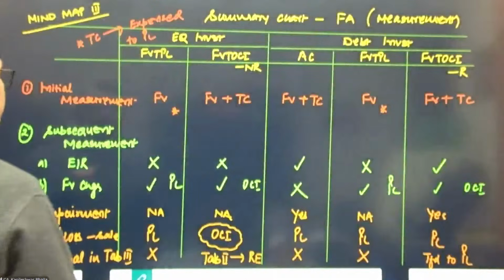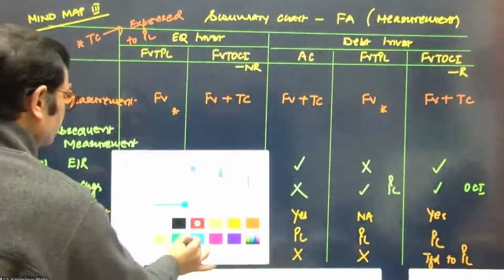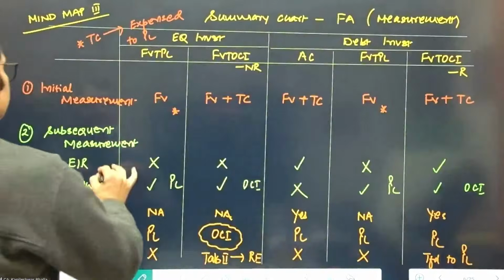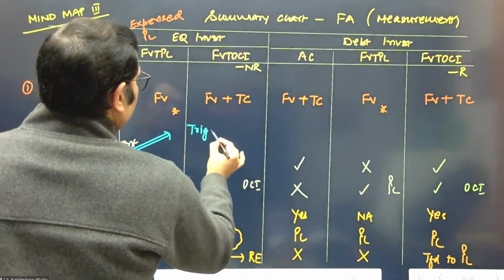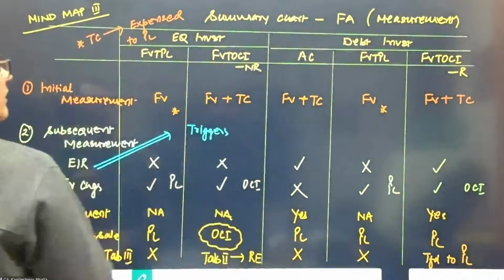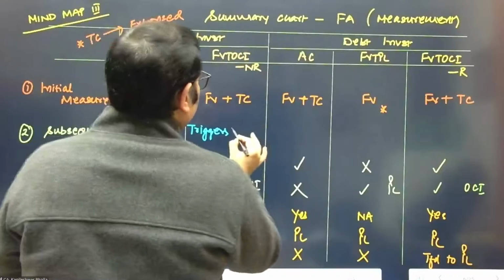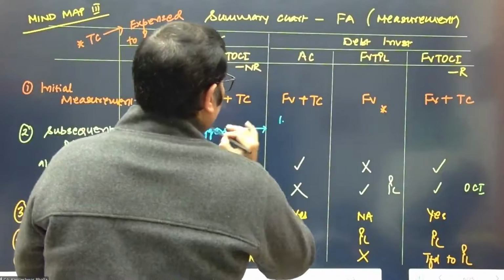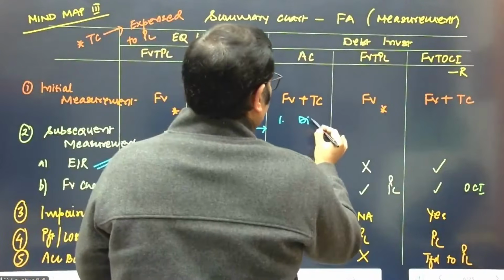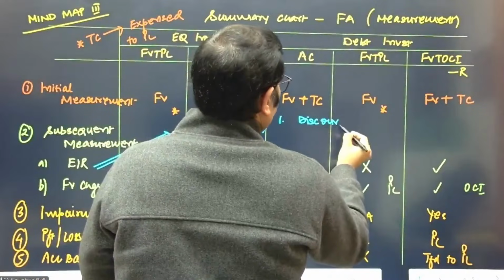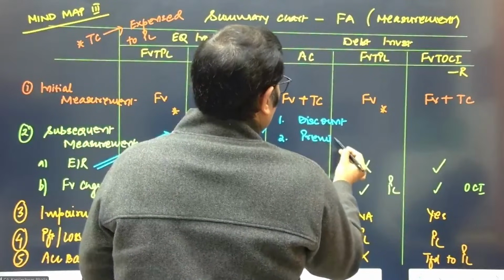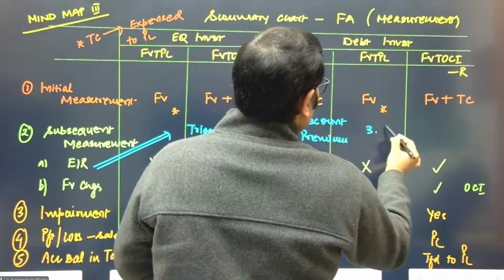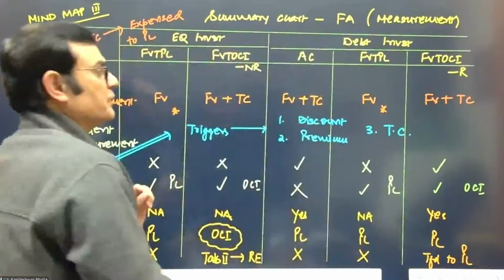So in terms of the EIR, let me just add on that the concept of EIR triggers under 3 circumstances. Number 1, you see a discount on issue or redemption. You see a premium on issue or redemption. And you see the presence of a transaction cost.